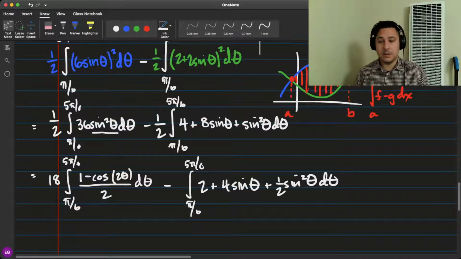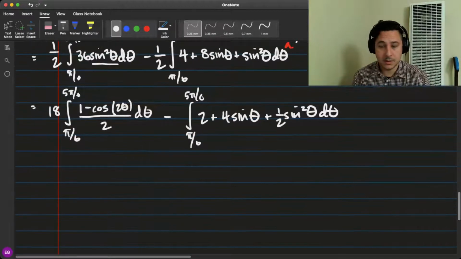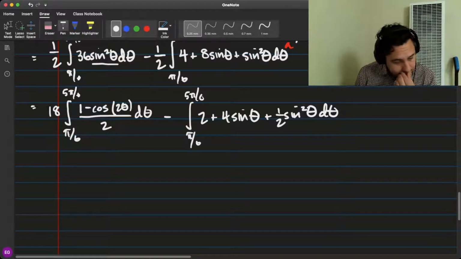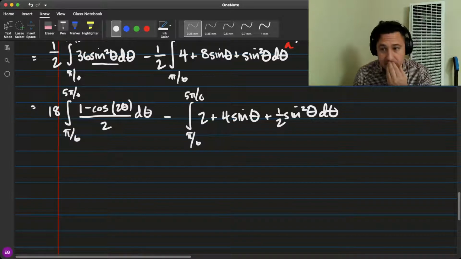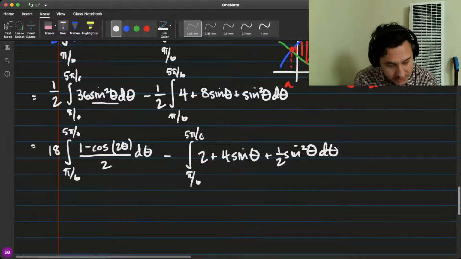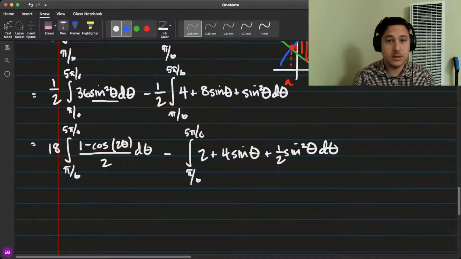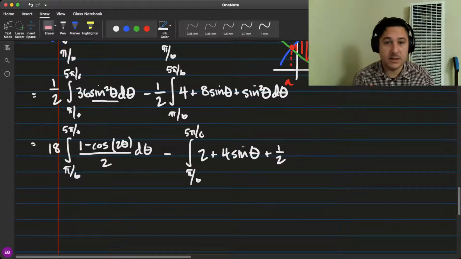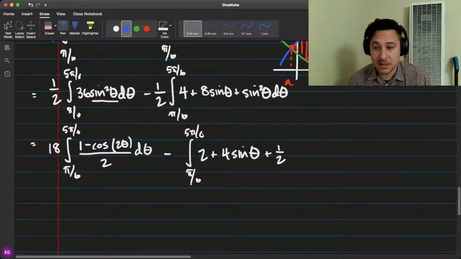Boom. Okay. And actually let's do this right now. You're going to want to use the same power reduction formula. So let's change that for that sine squared theta.